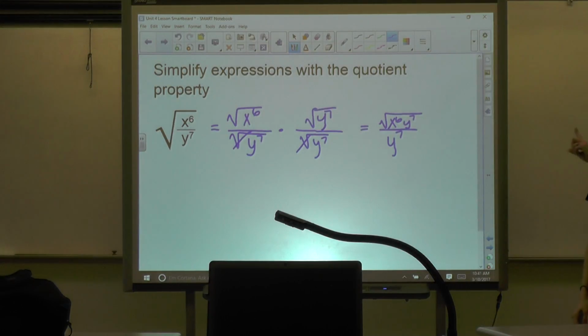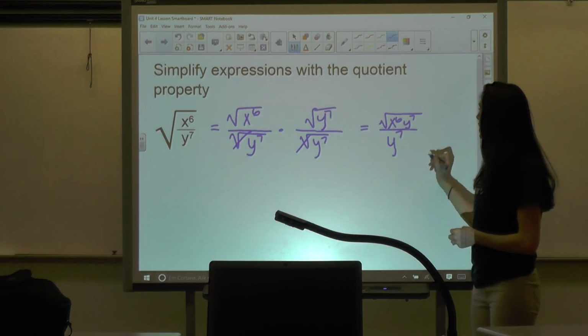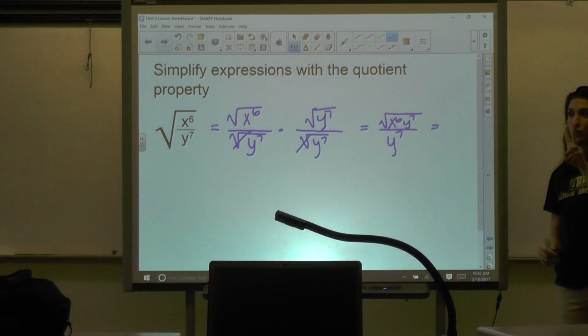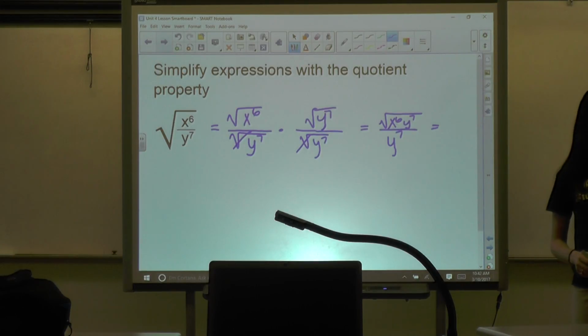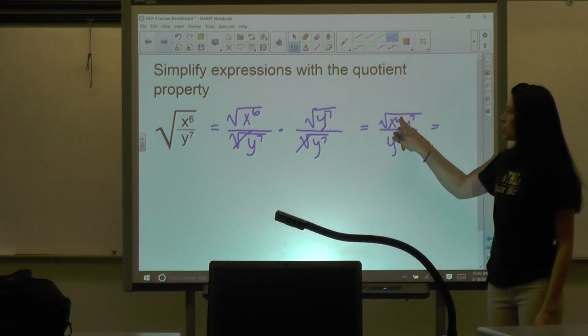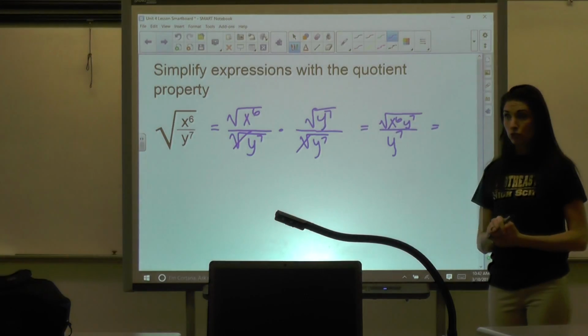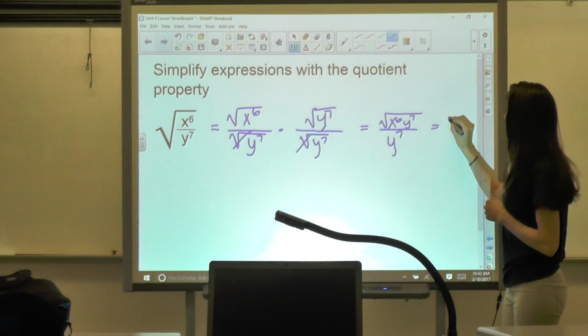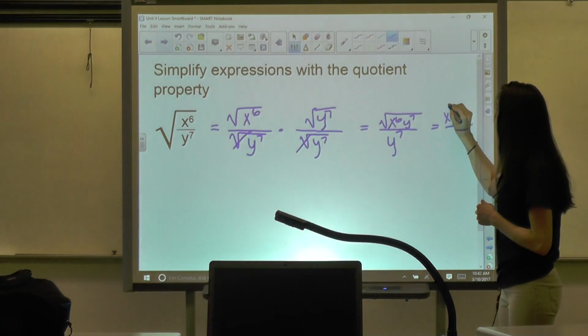And we know how to simplify that radical, right? Yes. How are we going to do that? This is a square root, so that tells you you need 2 of something in order to bring 1 out. So what is 6 divided by 2? 3. So an x cubed will come out. So x to the power of 3.